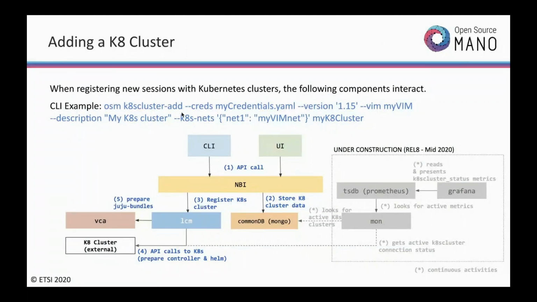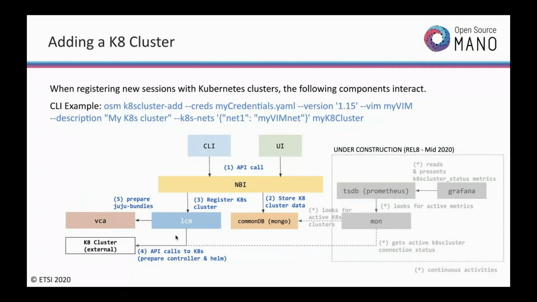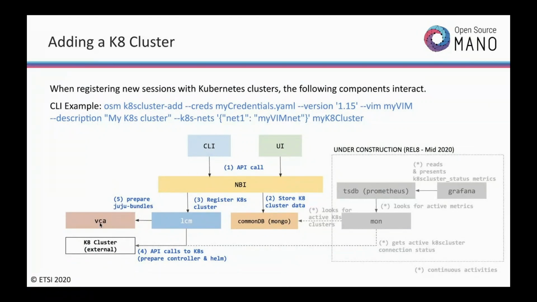In a similar way to the VIM, it stores that information in the common DB, then registers the Kubernetes cluster through LCM, and LCM interacts directly with the Kubernetes cluster to prepare a controller component and a Helm element to then manage the lifecycle of pods, and it goes to VCA to prepare Juju bundles, which is a way to deploy containerized network functions in OSM.